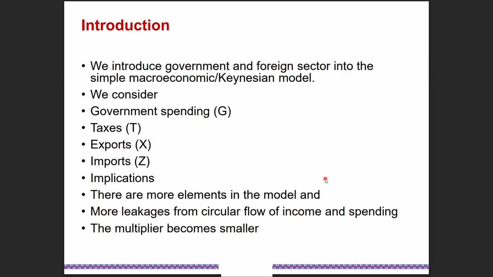That then becomes a four-sector model, simply because it consists of four sources of spending: the households, the firms, the government, which we add in this part, and finally the foreign sector, which we will add last. At that point we'll have a four-sector model.